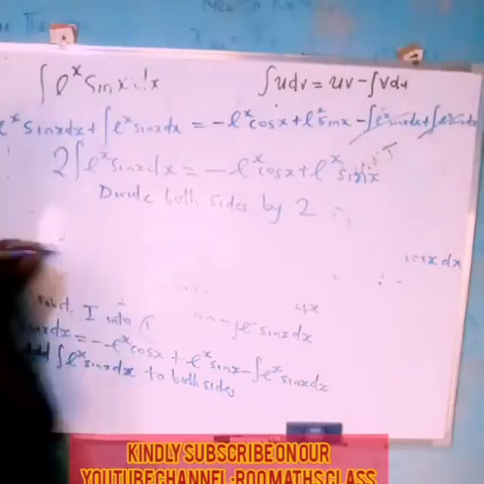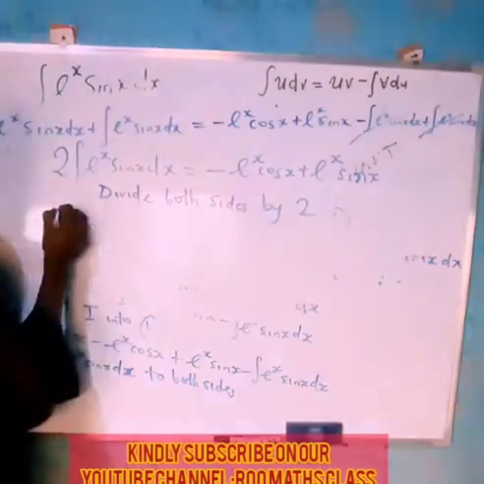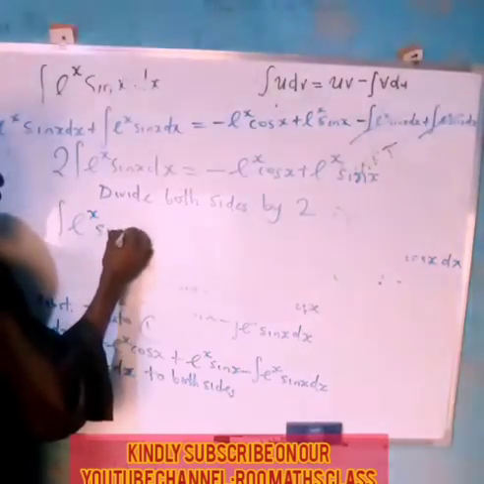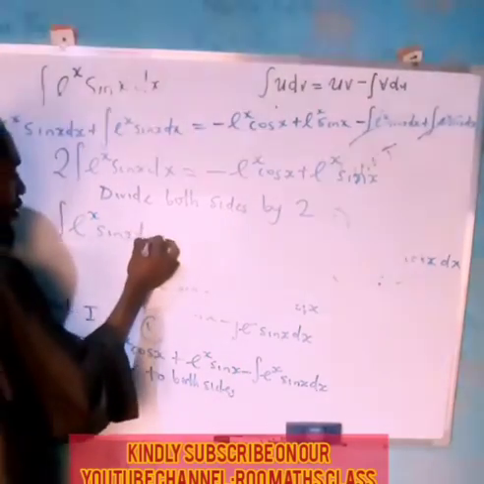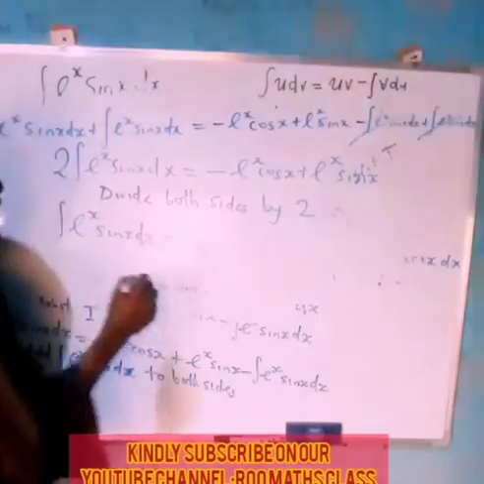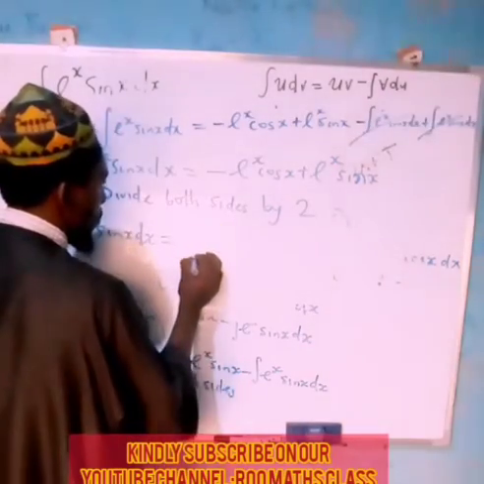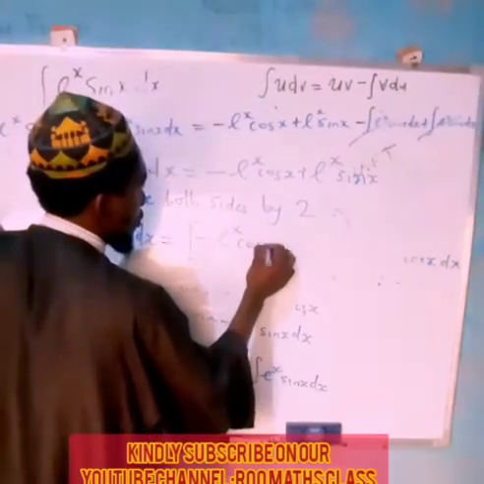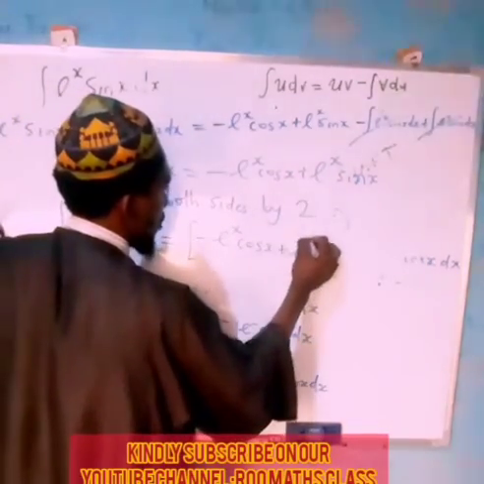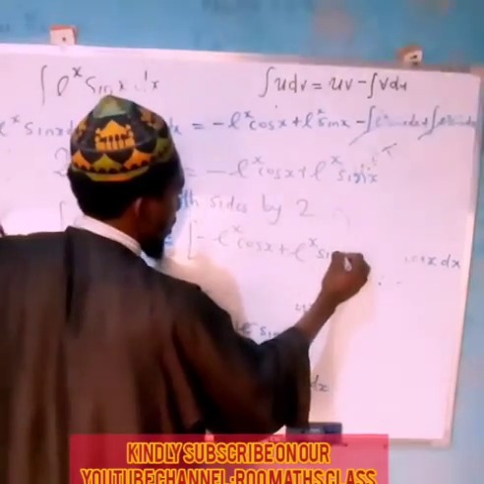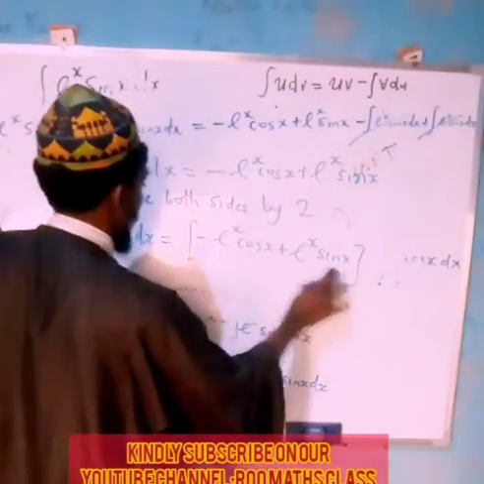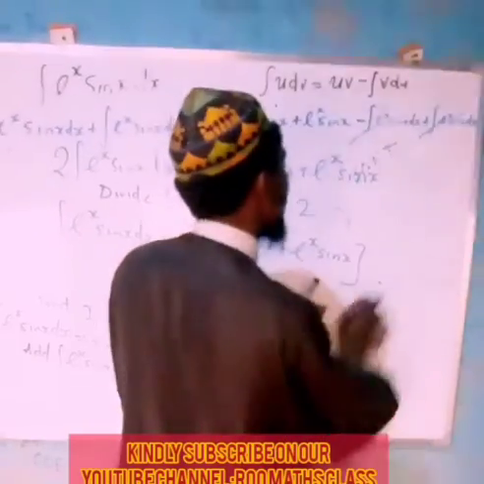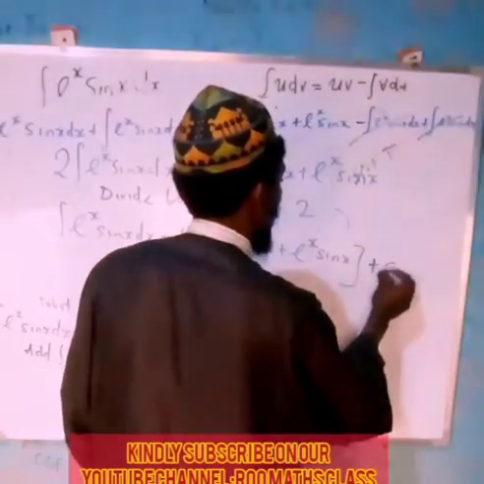By dividing both sides by 2, I'm going to have the integral of exponential x sine x dx equal to this, in the bracket, minus exponential x cos x plus exponential x sine x, divided by 2, plus our constant, which was plus c.